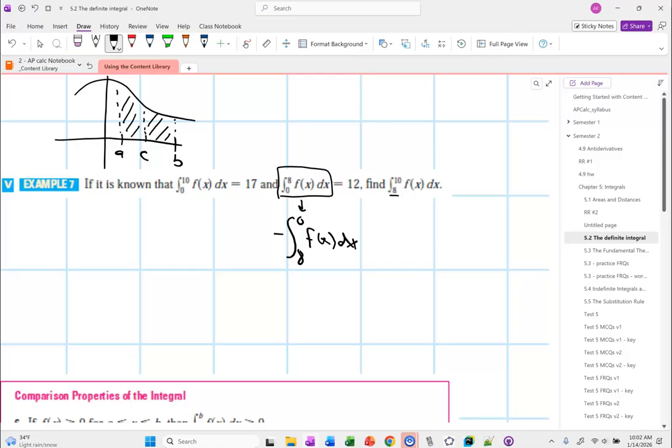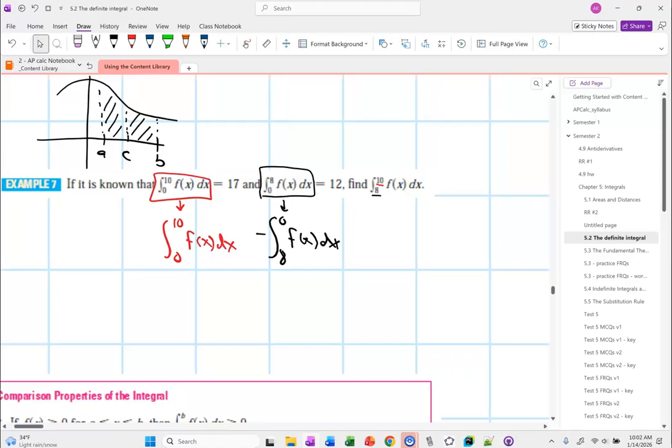Everybody feel good there? Then I'm going to find the integral with a 10 in it, right here. And I need to make sure that's in the 10 position, or in the top position, which it is. So that can just come down.